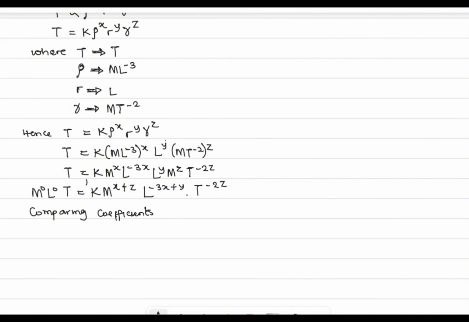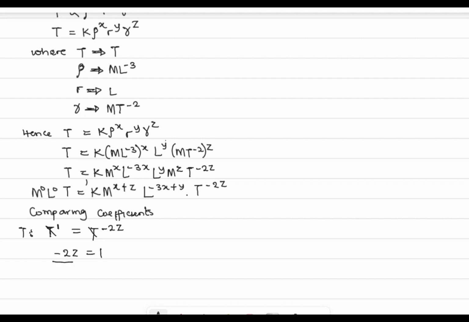Well, since t has a single power on the right hand side, which is minus 2z, we can compare t firstly. So t raised to power 1 is equal to t raised to power minus 2z. So if we cancel out their base, we get that minus 2z is equal to 1.